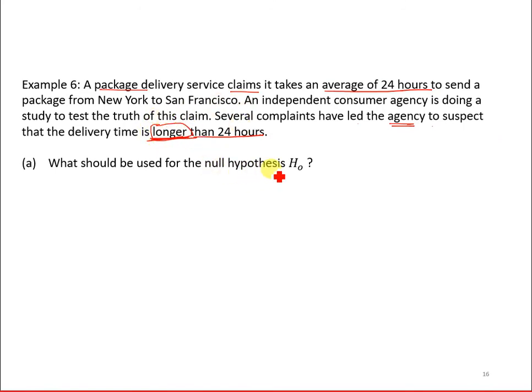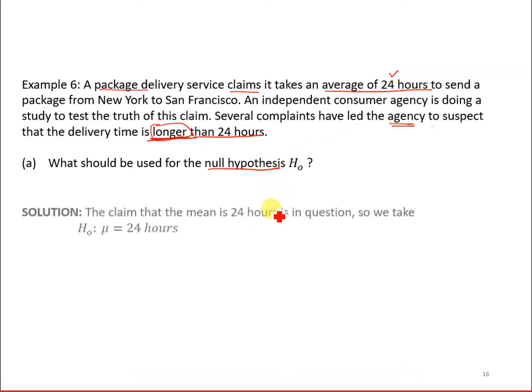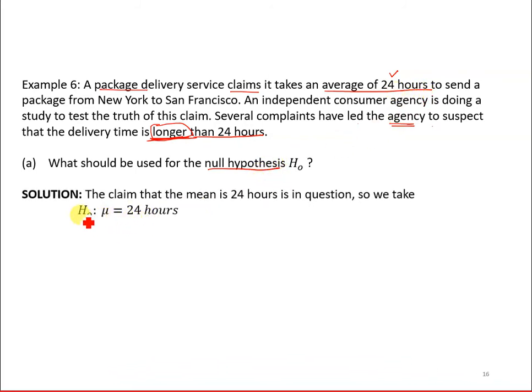When we talk about the null hypothesis, we always agree with the statement and say that the average or mean time will be 24 hours. So the null hypothesis H naught: mu is equal to 24 hours.